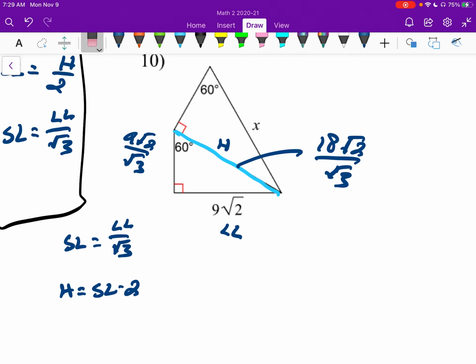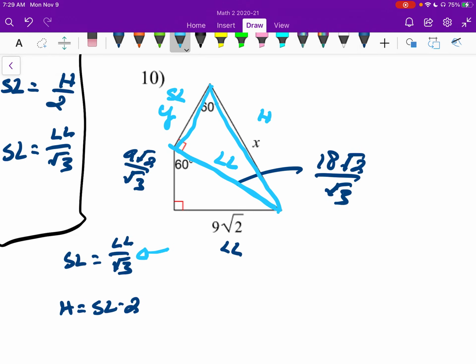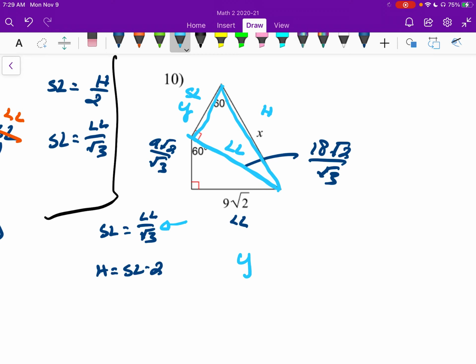Right? Now we're no longer going to talk about this being the hypotenuse. We're going to look at this triangle here, and that is now the long leg. We're going to go back over here, and we're going to say, well, the short leg is the long leg over root 3. I'll call this y for the sake of work. So y is going to be 18 root 2 over root 3 and another root 3.